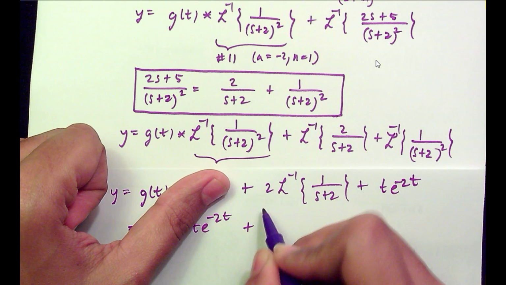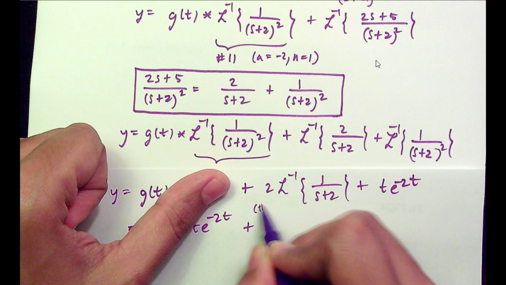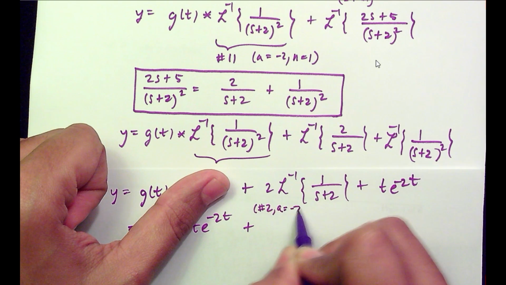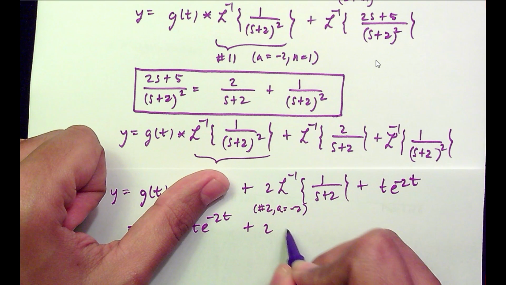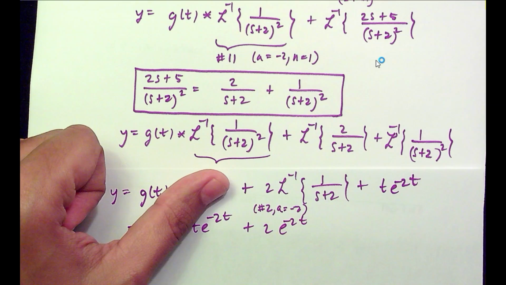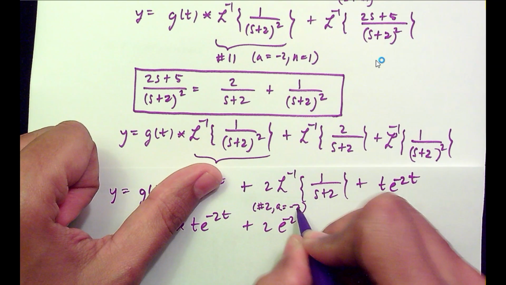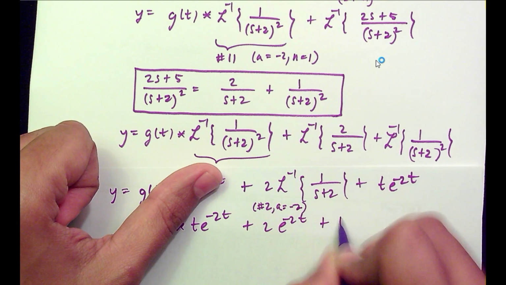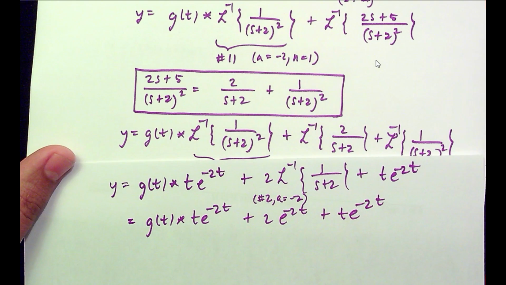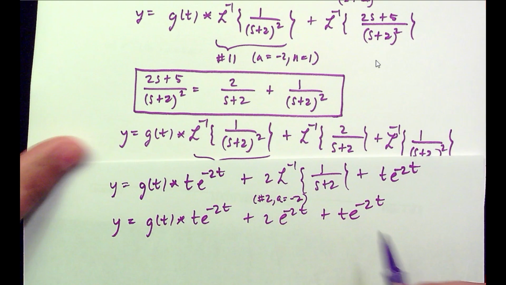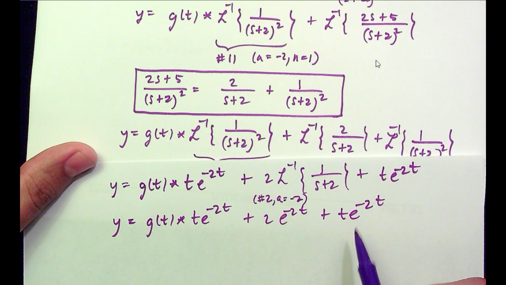So this one is number 2 with a equals negative 2. This gives me 2 times e to the negative 2t plus t e to the negative 2t. Okay, so that is an explicit formula.